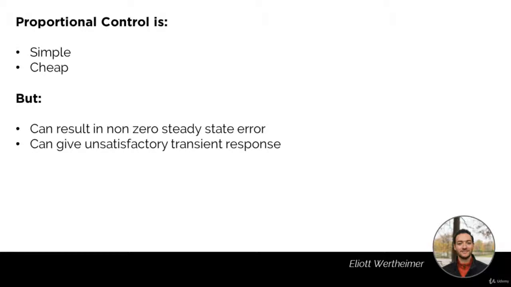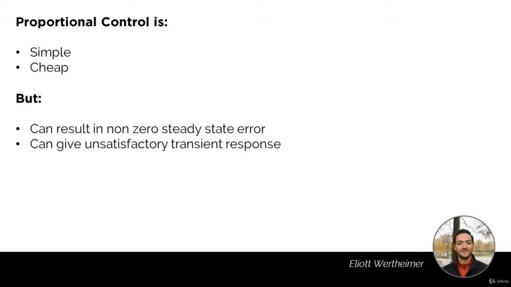Because essentially, as we just saw, the proportional controller only acts on the current error. And that error is going to progressively get smaller and smaller as the proportional control acts on it. But at some point, the error is too small for the proportional control to have any effect, because the proportional control is just a scaling of that error. So in the end, on the long term, the error will reach a too small value for the proportional controller to have any effect anymore, and that error will remain the same.